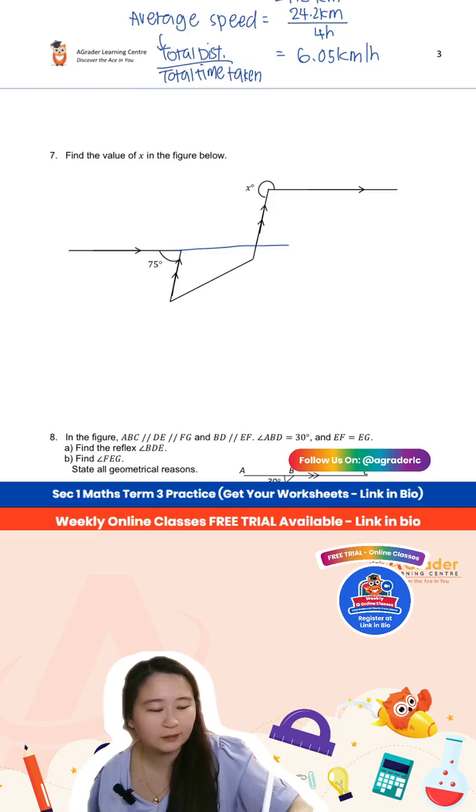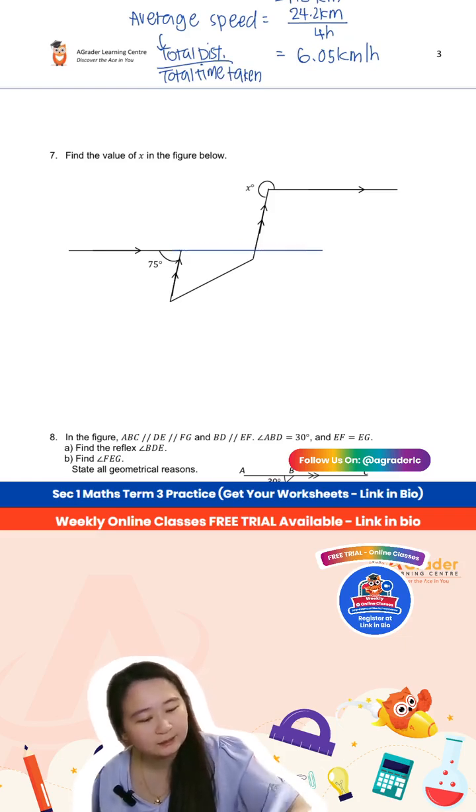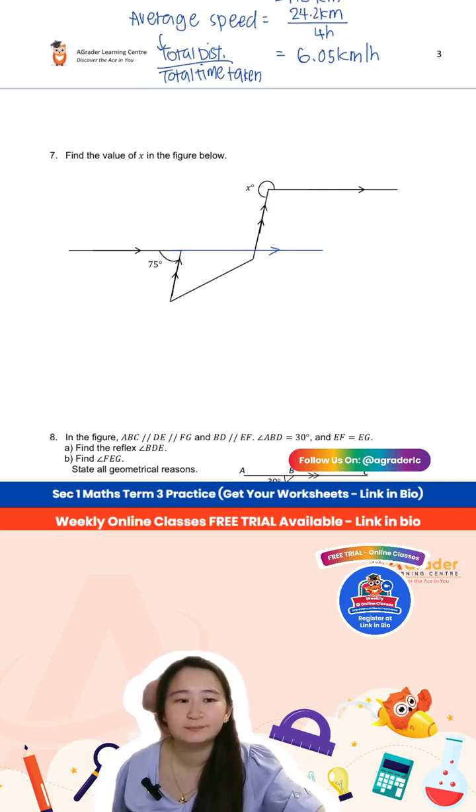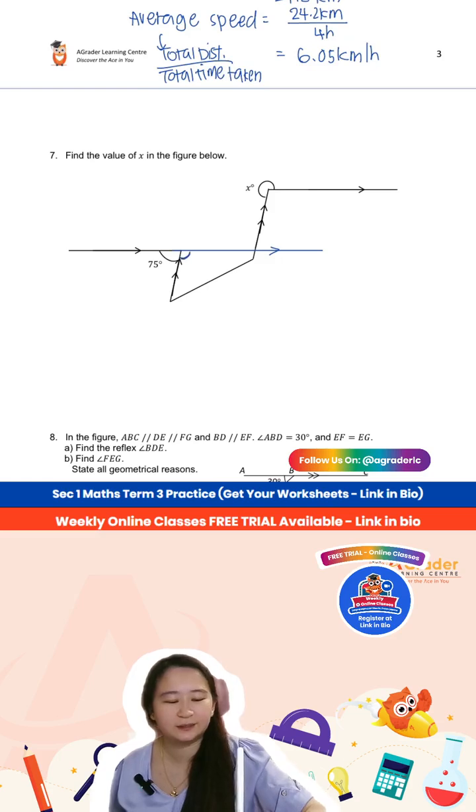Those who need a hint, I'll draw this imaginary line. So you just extend this parallel line here and find this angle first.